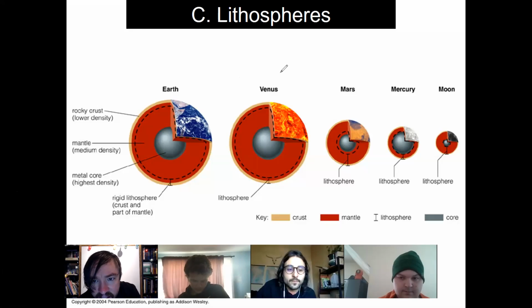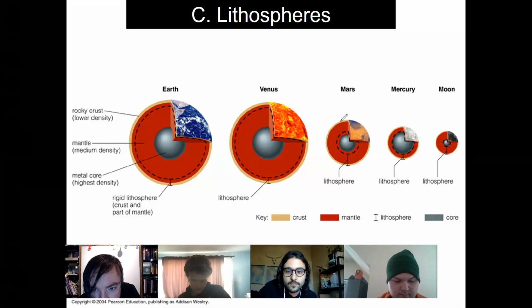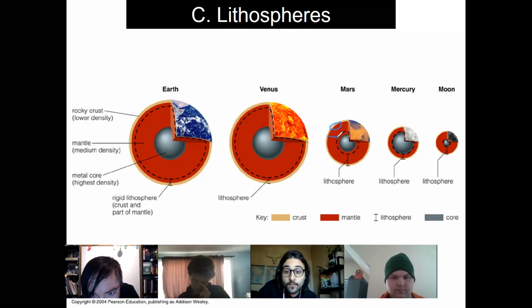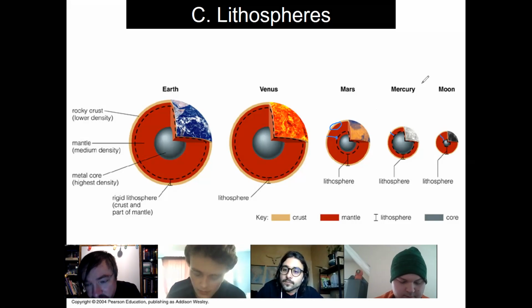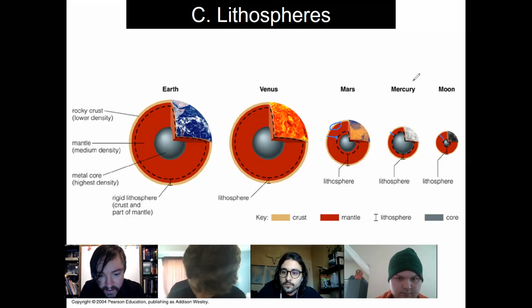Matt, I can see here that the crust of Mars is this little tan yellow stuff, but the lithosphere of Mars goes down to there. So clearly on Mars, the crust is not the lithosphere. Clearly on Mercury, the crust is not the lithosphere, and certainly not on the moon is the crust the lithosphere.